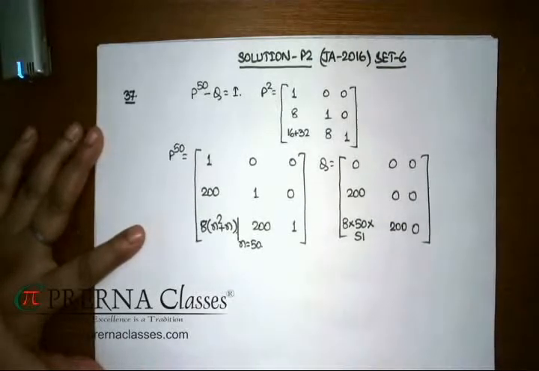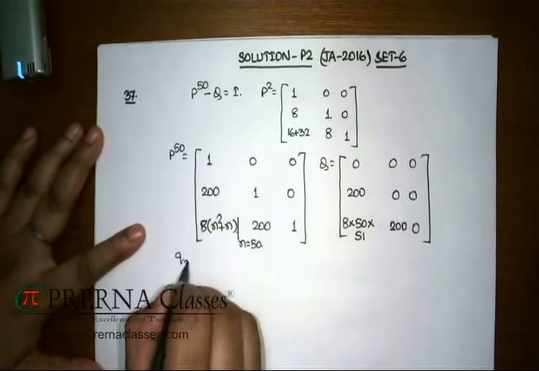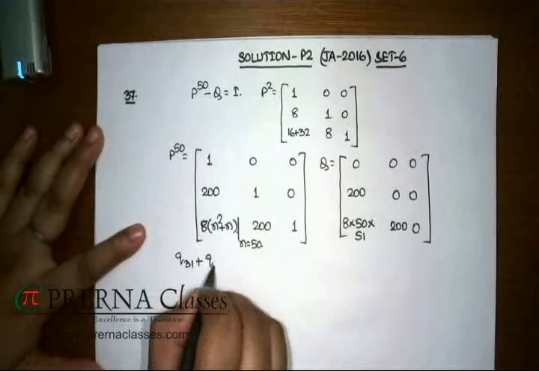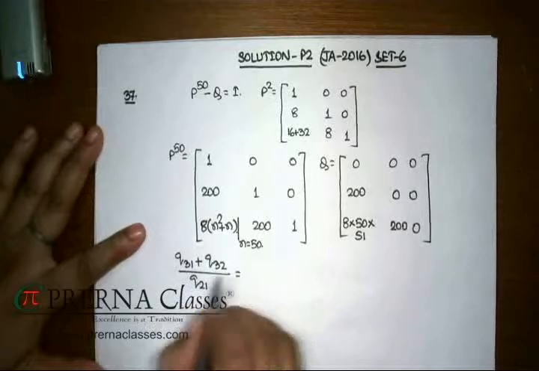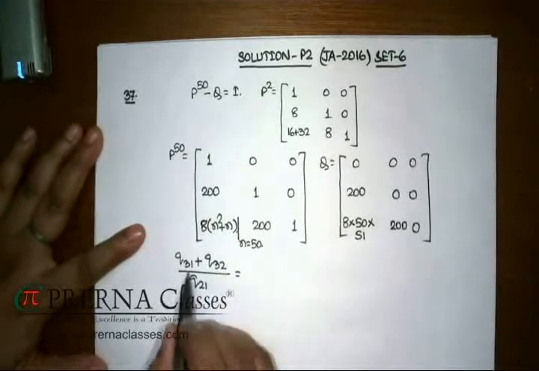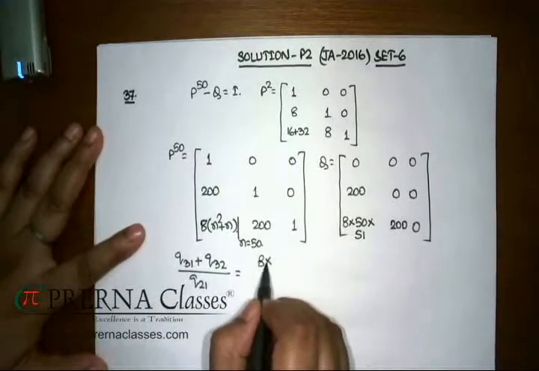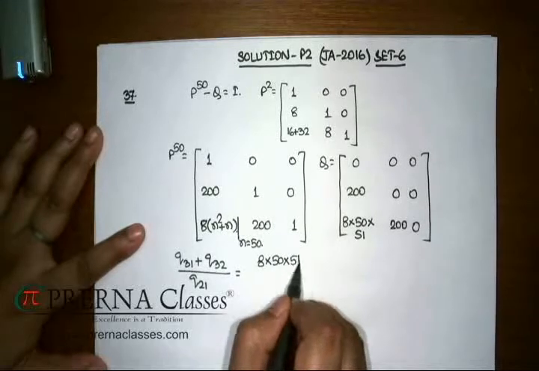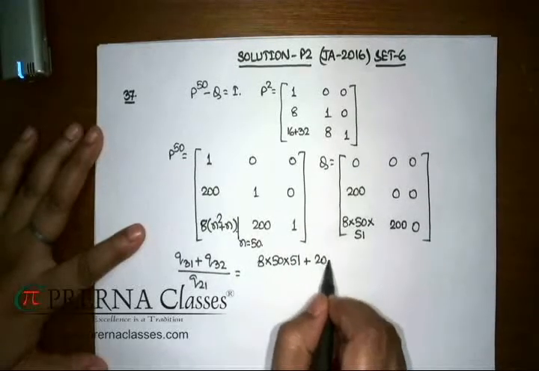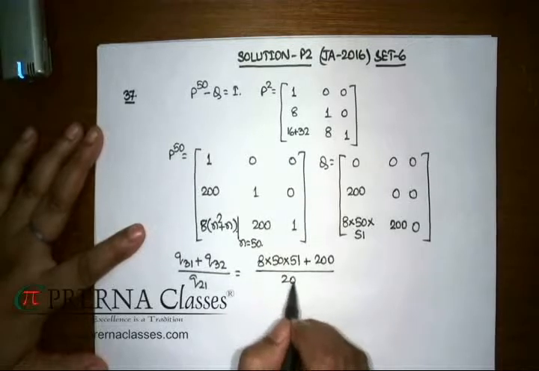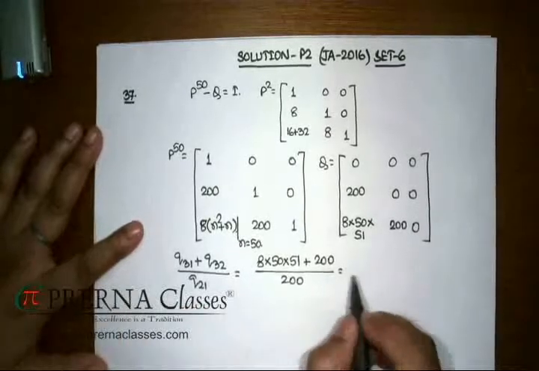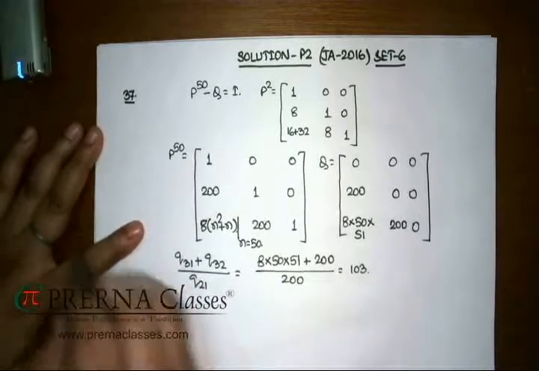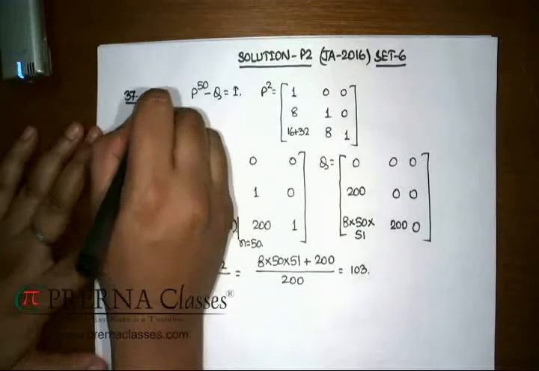In the problem it is this expression which you need to simplify. Clearly you can check out of these two quantities 31, 32, we have 8 times 50, 51, and then we have 200. Simplifying this expression, you would be getting the net sum as 103, which is clearly option B.